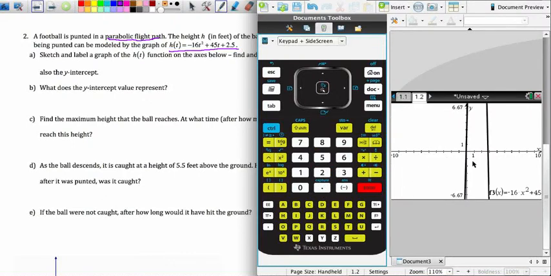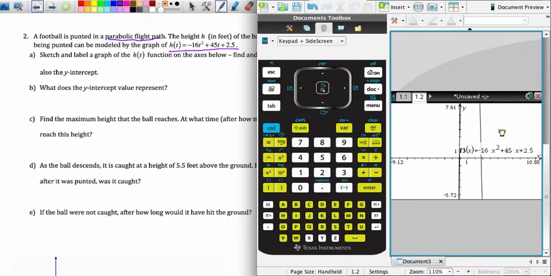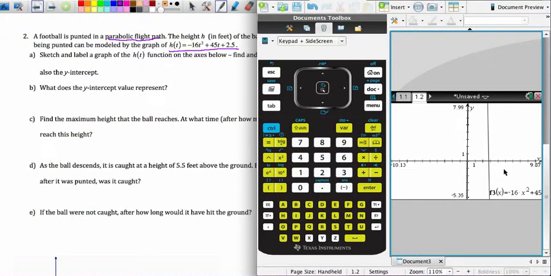As before, you potentially have a problem with the window depending on the graph and whether it's going to fit into a standard window. So what we can see here is that it goes up and comes back down pretty quickly. So we're going to modify the window a little bit. I need to increase the maximum and then just modify the x-axis a little bit.